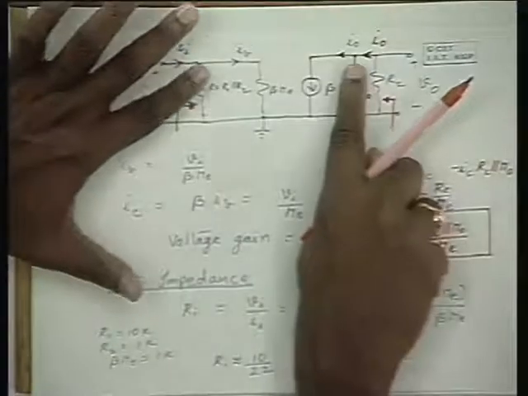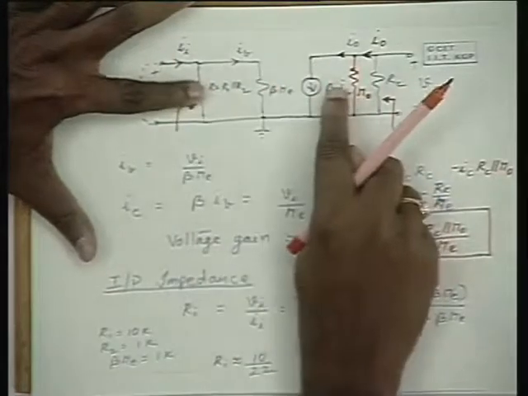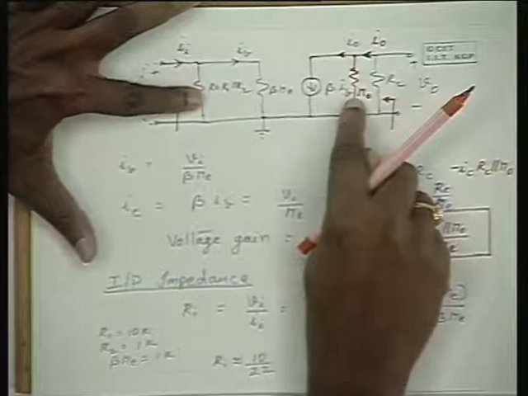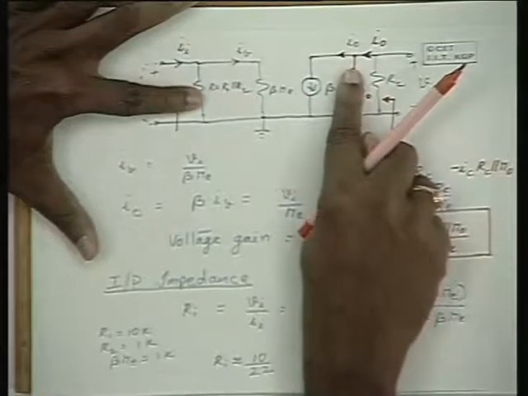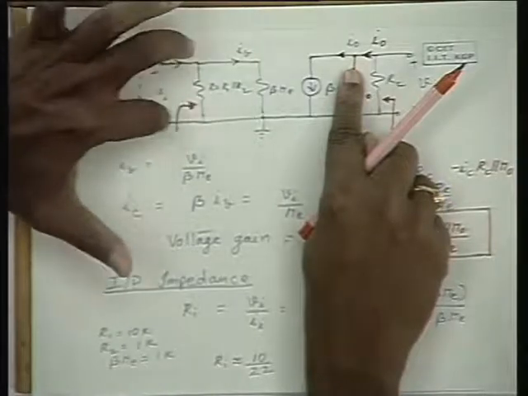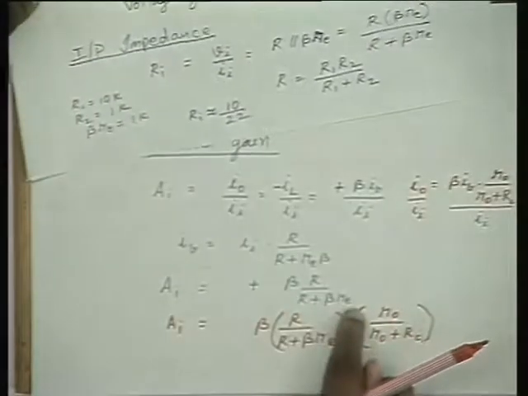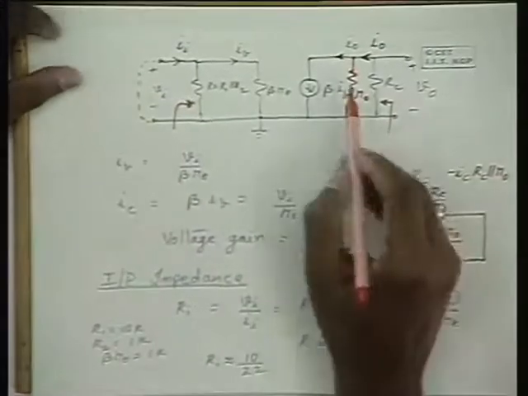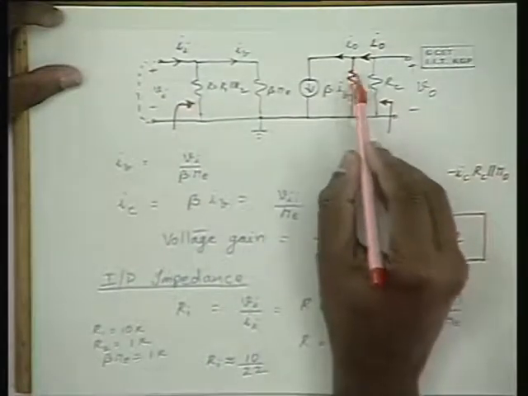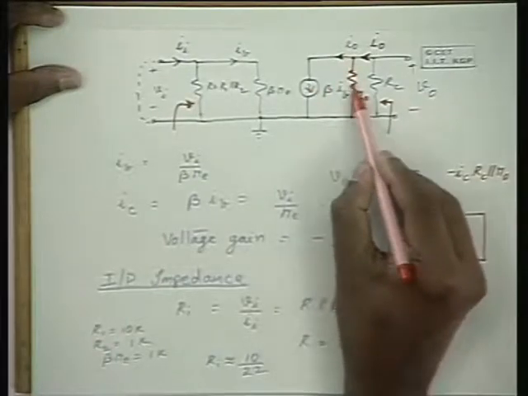So, let me explain this once again. When these two resistances are absent, the current gain of the amplifier circuit is equivalent to that of the transistor, that is beta itself. When this is introduced, there is a division of the current on the input side, because of which we got this expression R by R plus beta RE. Now, because of the introduction of R0, we have another division of this current through R0 and RC.